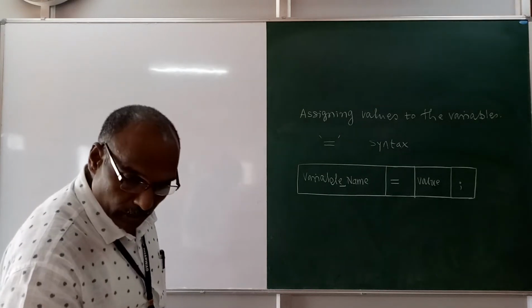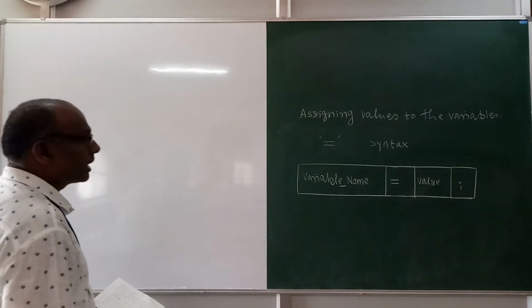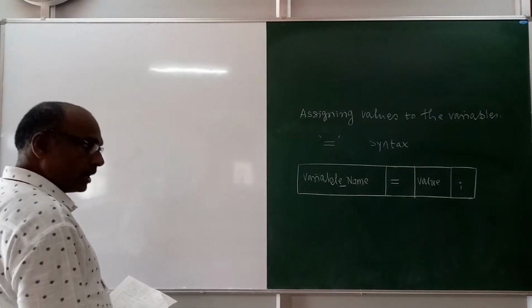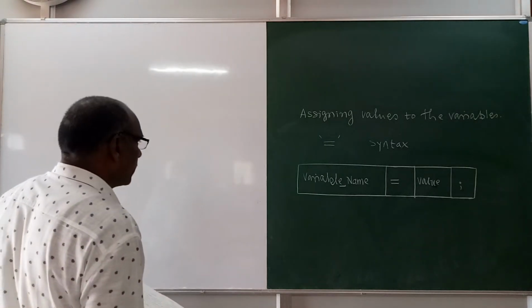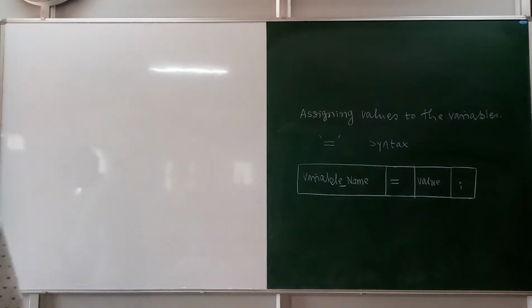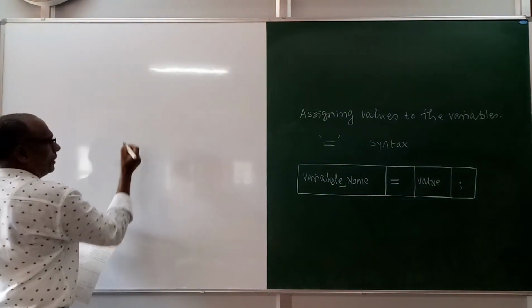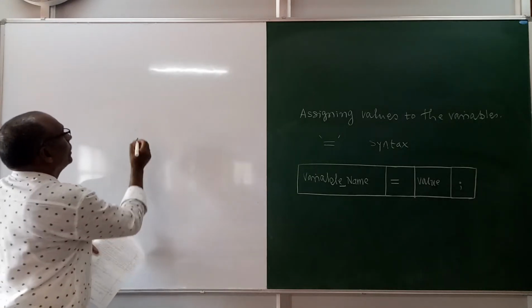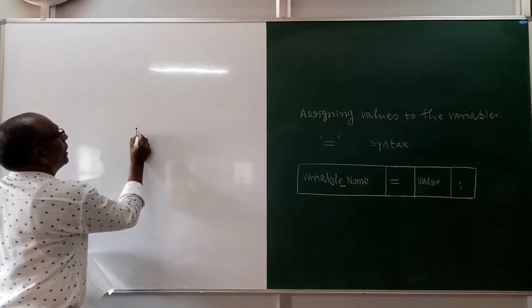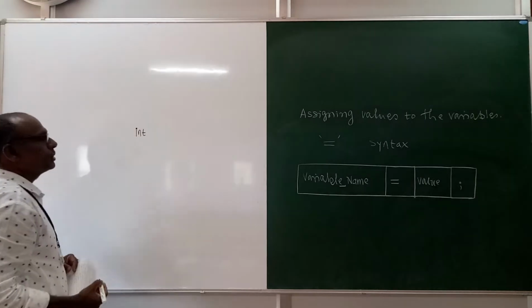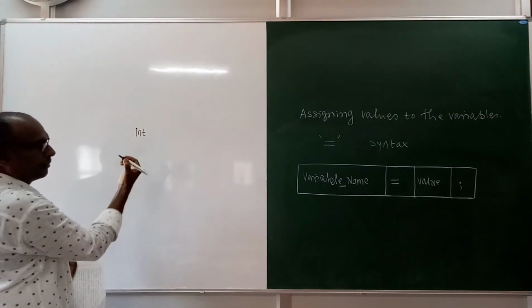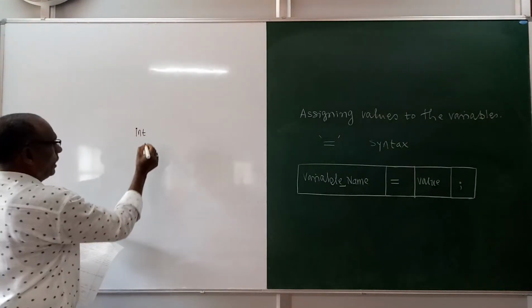Let me write how the values are assigned to the variable in the declaration part. Say, this is int. This is integer, it is a data type. We have to discuss this.